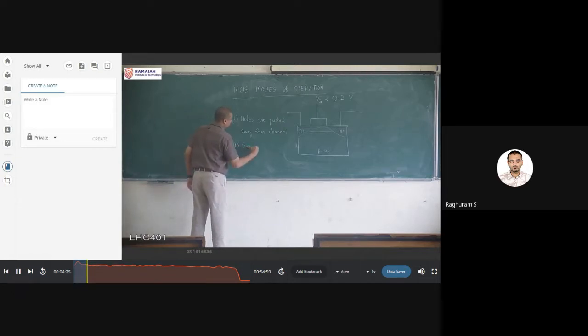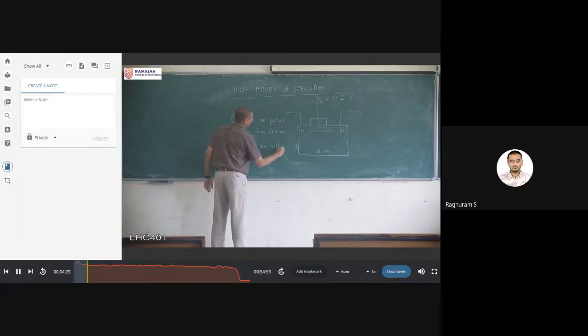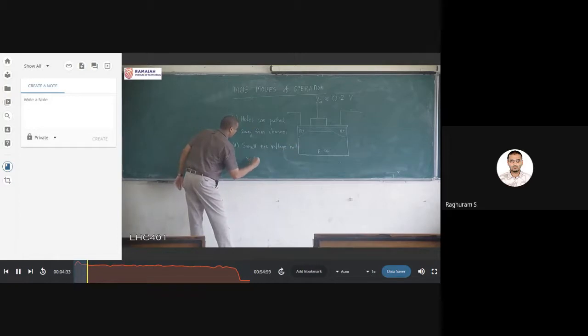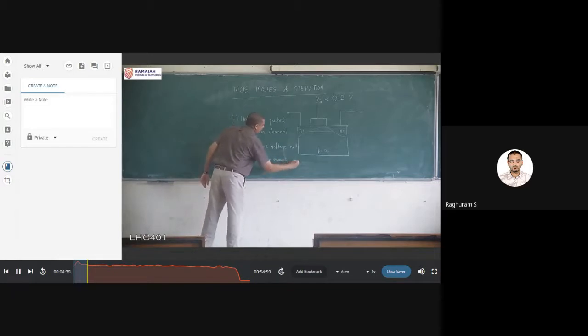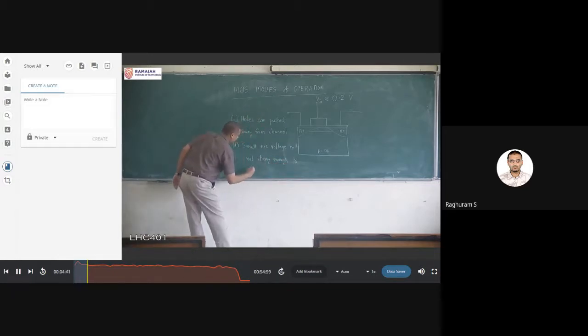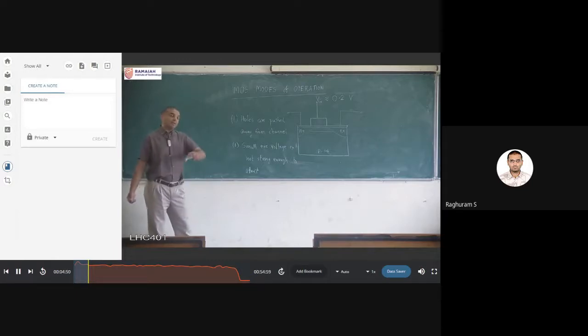small positive voltage is not strong enough to attract what? When I apply a positive voltage, what will a positive voltage attract? It will attract negative.